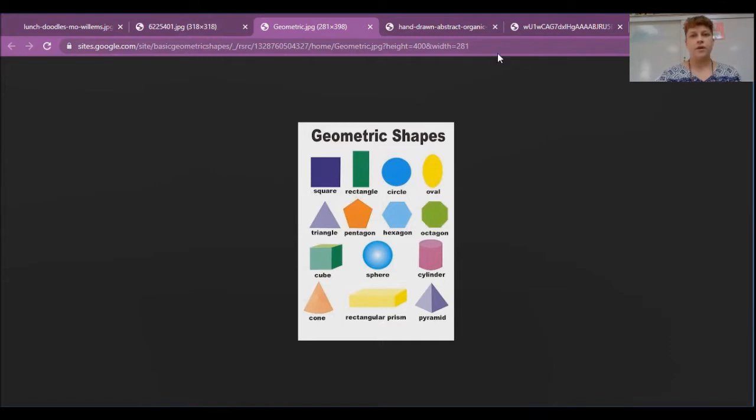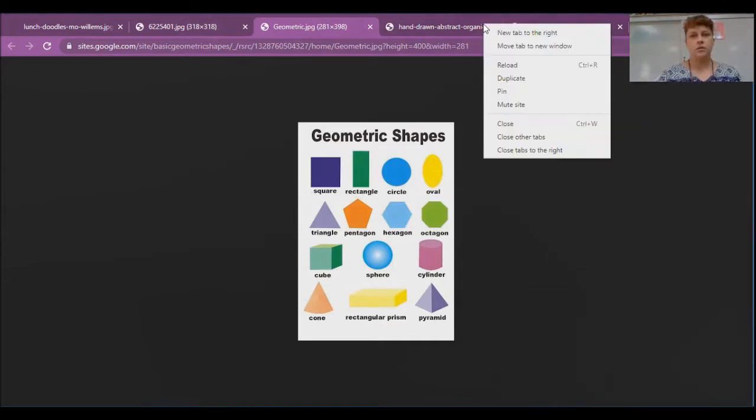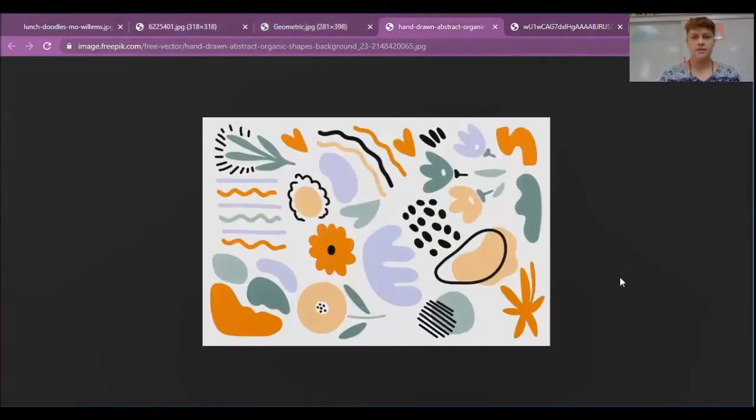Then you have what we call organic shapes. These are rounded, curved, soft edge shapes. They might resemble things like, this looks a little bit like a flower, but you see there are no sharp, straight edges, okay? They're very rounded and very curved, very soft looking.